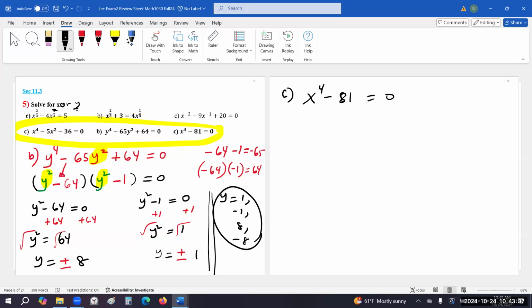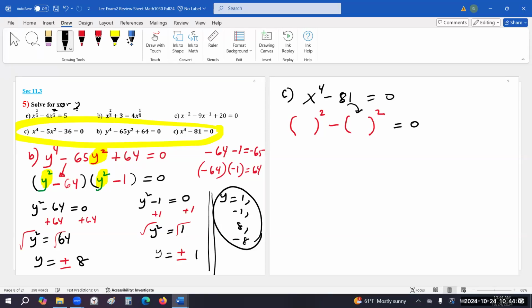Is it factorable? Fourth power doesn't help us, right? But if we have square power, it does help us. Our goal is to see, can we rewrite this as 2 perfect squares? Is it possible to rewrite x to the 4 minus 81 into something square minus something square?